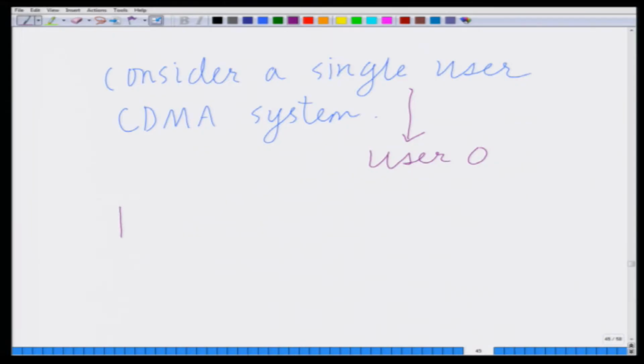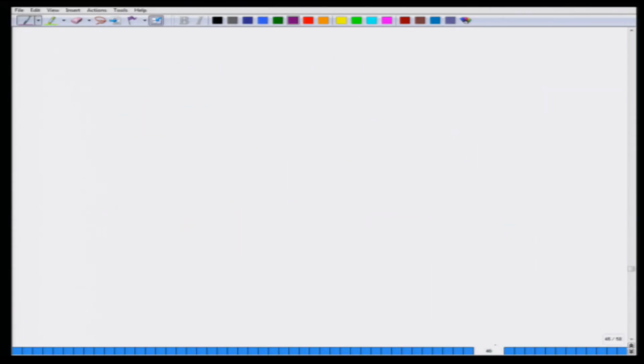Let the transmitted symbol of this user be equal to A0. So, A0 is the transmitted symbol and the CDMA code of user 0 is denoted by C0 of n.